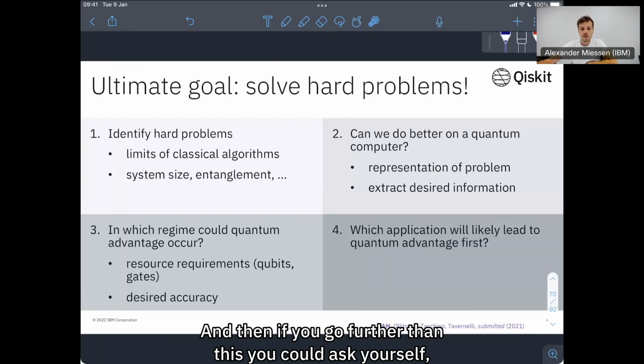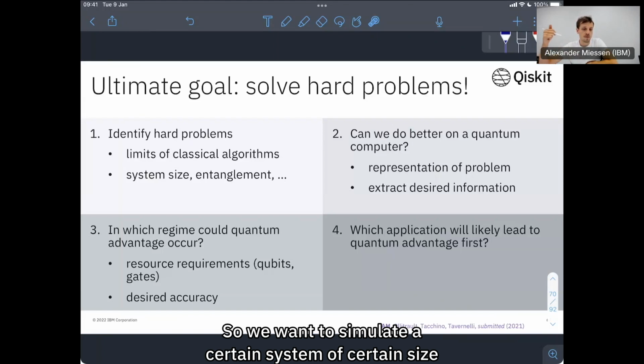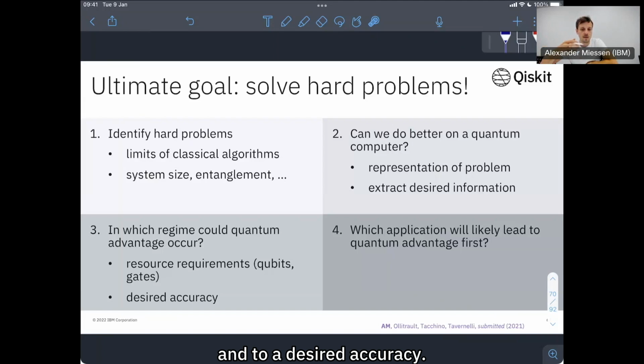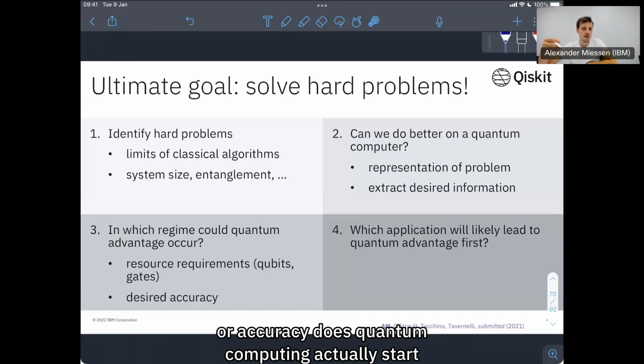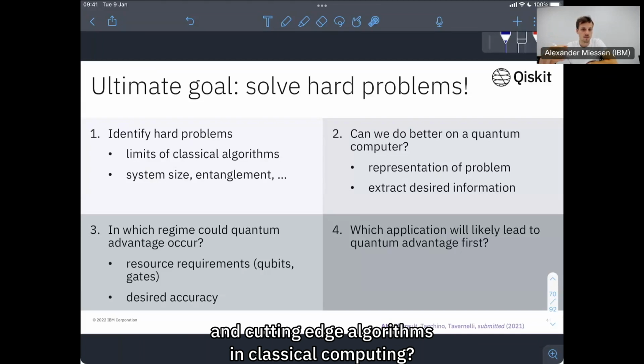And then if you go further than this, you could ask yourself, in which regime can we actually be advantageous using quantum computing? So we want to simulate a certain system of certain size and to a desired accuracy. In which regime of this system size or accuracy does quantum computing actually start to become advantageous over classical computing and cutting-edge algorithms in classical computing?